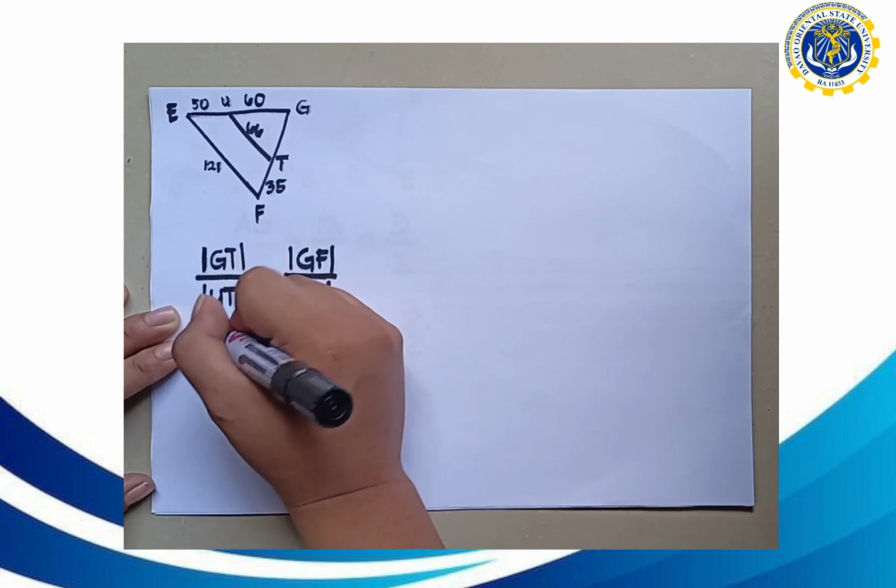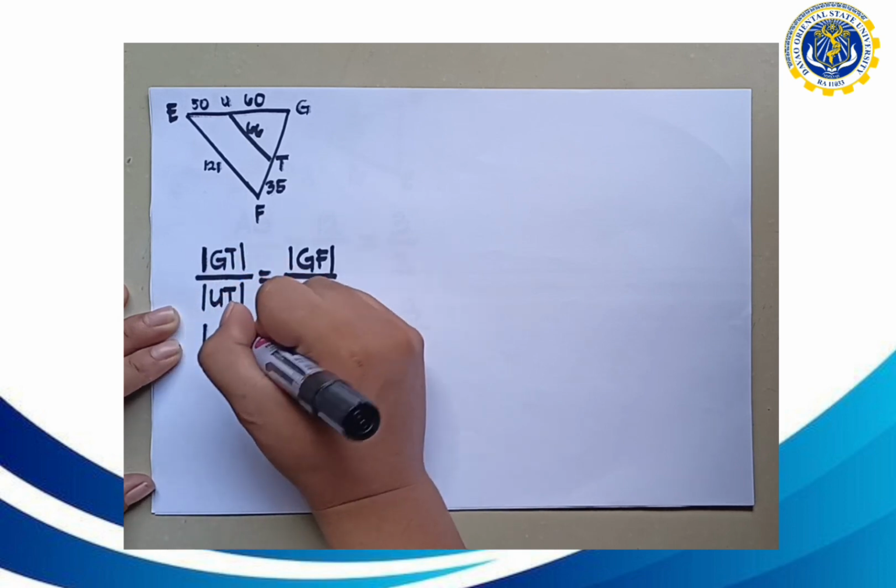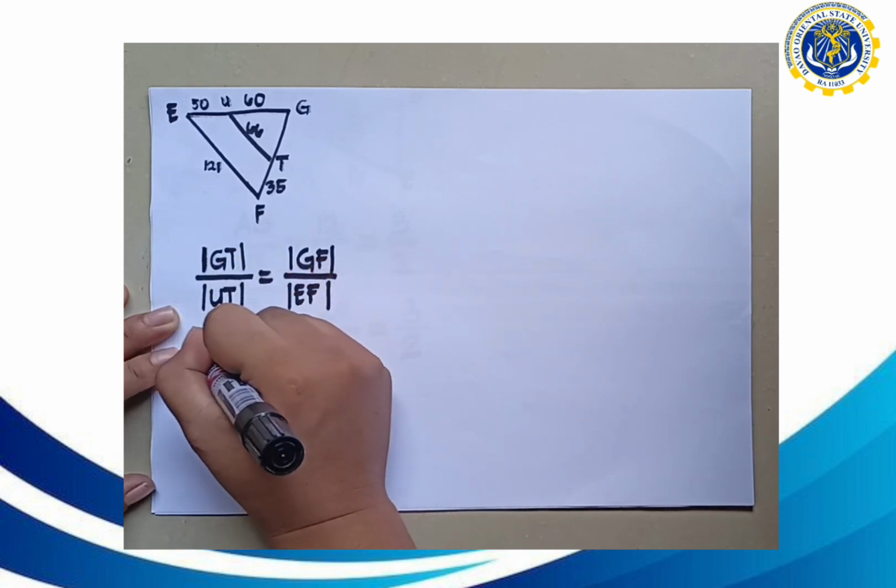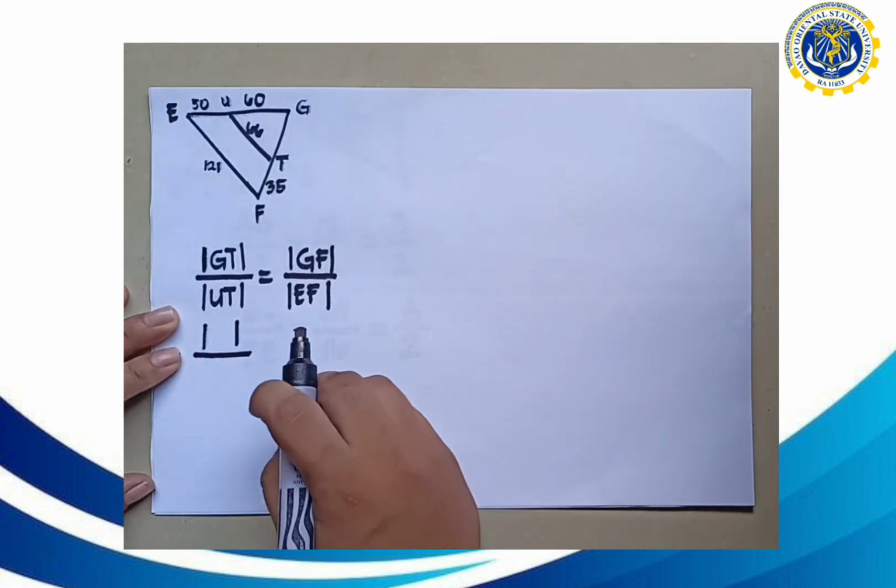So you just substitute the given numbers and also the unknown.